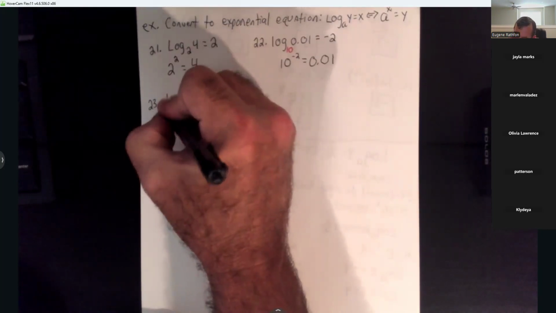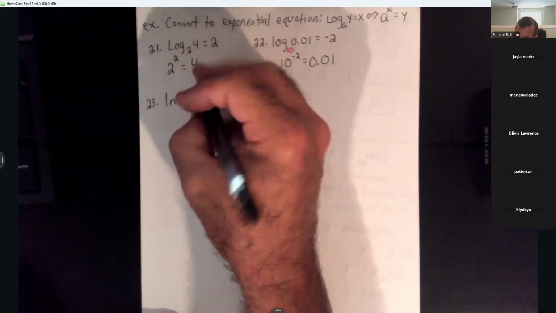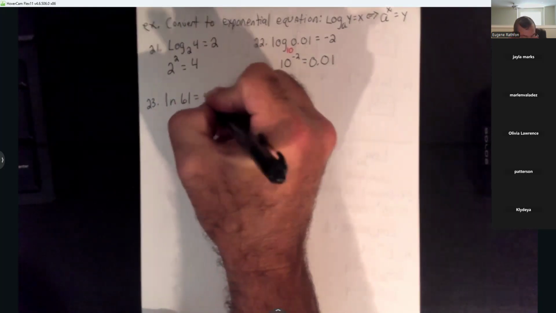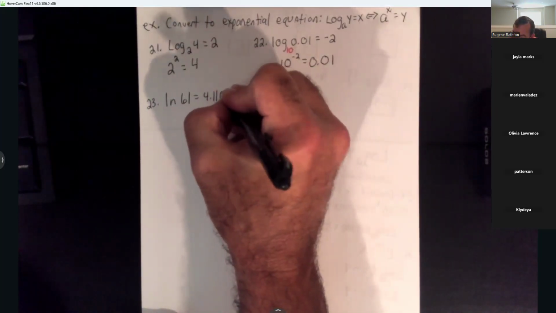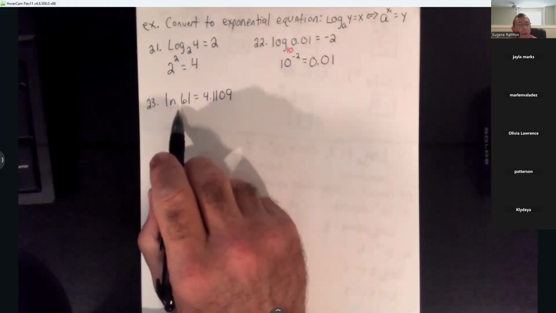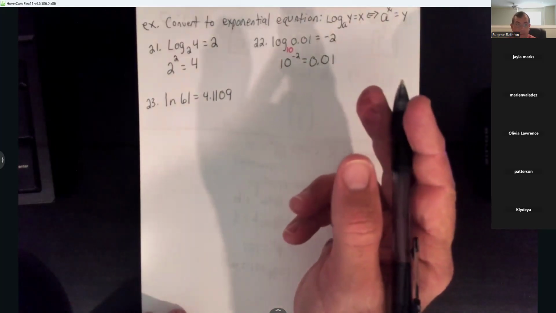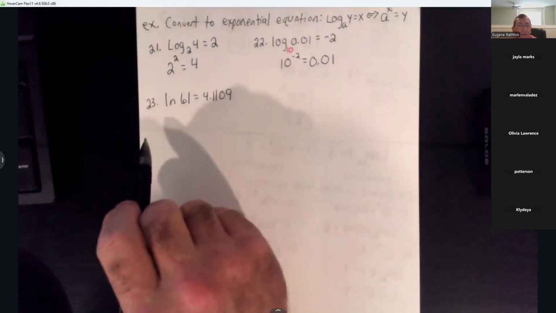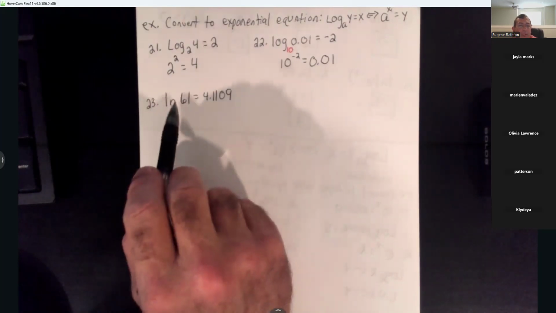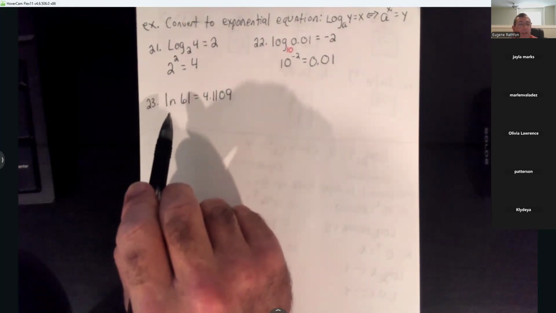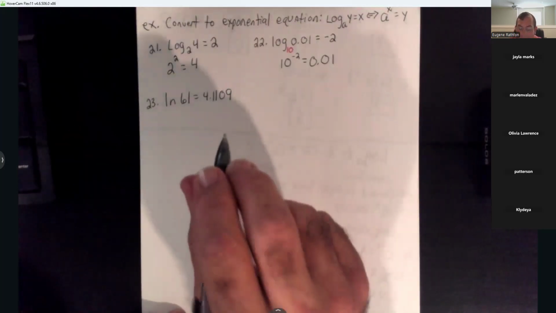All right, this one is an ln 61 equals 4.1109. So that's the ln. What is its base? And remember, we said an ln is a log base e.